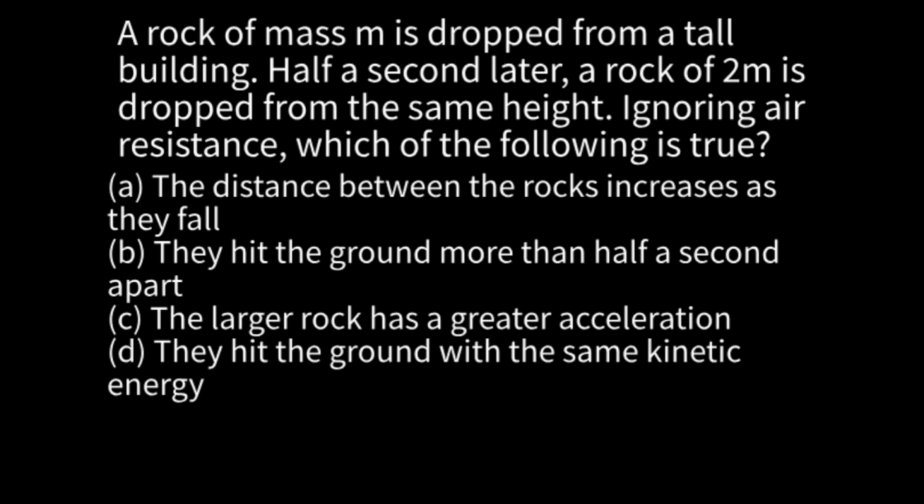Alright, let's look at option D because we are focusing on energy. So we know our potential energy, right? Because we're not dealing with springs, we're going to have no elastic potential energy here, and we're dealing with falling. They're in motion, so we've got kinetic energy, but they're dropped.